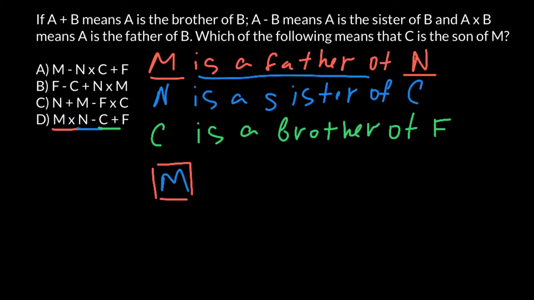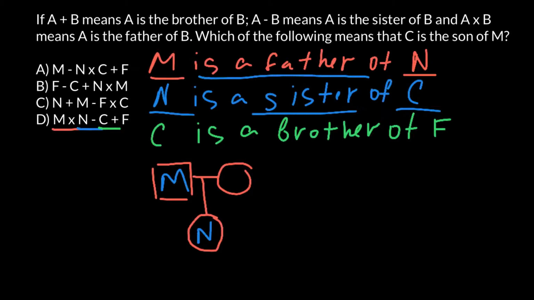He is the father of N. So M has a wife, with no letter for the wife, but we know that he is the father of N. Let's put N here. What is the sex of N? N is a sister of C, so N has to be female. So a circle.